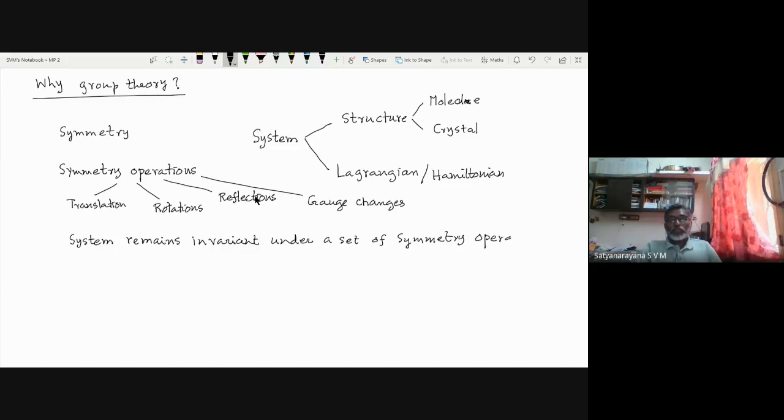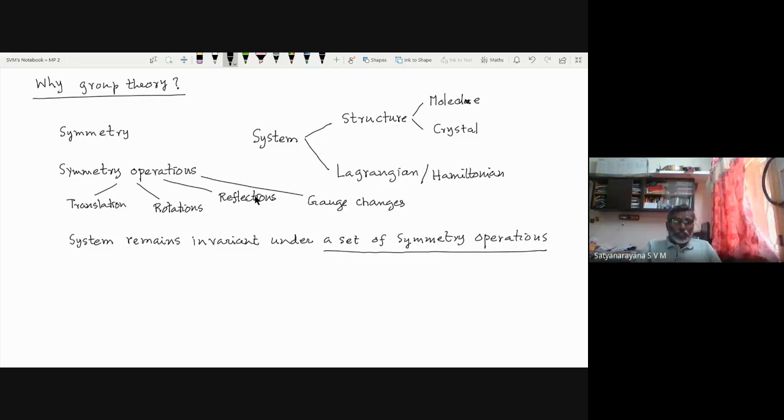Okay, the system remains invariant under a set of symmetry operations. If that is so, then we say that the system possesses that symmetry. Now, the set of symmetry operations is what is very important.